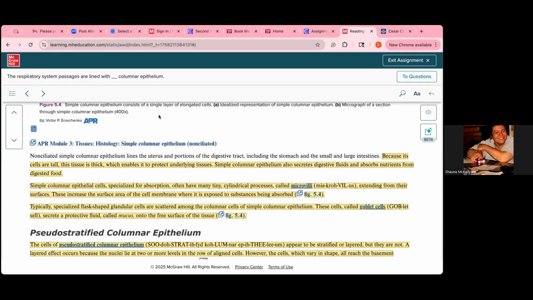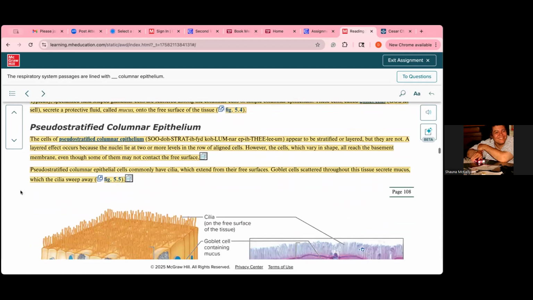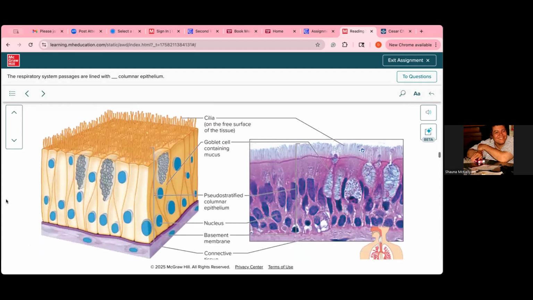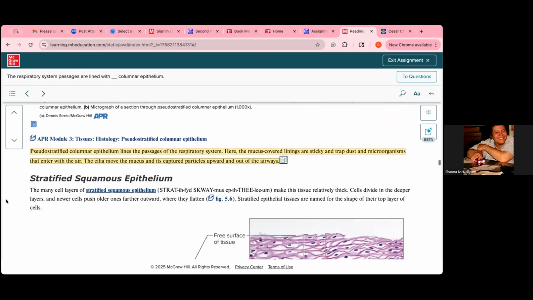It might be pseudostratified. Let's read more about that. Scroll down a bit. Okay, keep going. Read that. I need to know where they are.